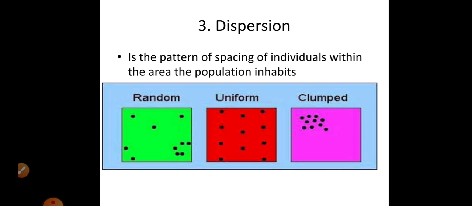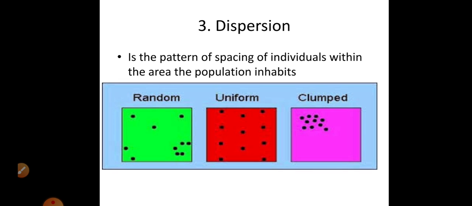Of course, when they are random, it means that they can find food and water everywhere, so they don't have to worry where they are, so they spread randomly. And the uniform, like when you plant olive trees, for example, you have to have a specific distance between each tree and the other one.